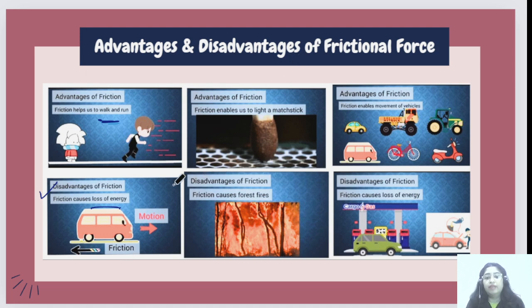Okay, the next disadvantage is forest fire. If you are aware, you can check your news channel. There is a forest fire happening in Los Angeles. So how is a forest fire created? When the trees in the forest get dried up, and there is a lack of moisture in the atmosphere, especially during the summer days, and the trees rub against each other due to the winds, it catches fire.